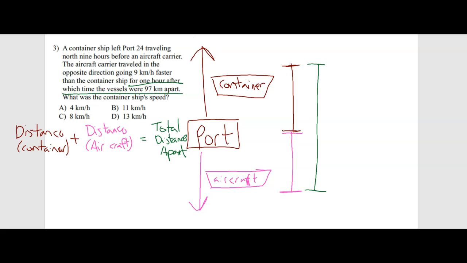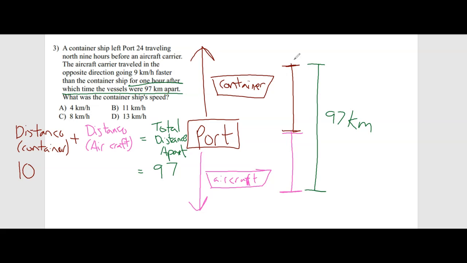So this means that the container ship is traveling for 10 hours total. So we're going to multiply 10 by whatever the speed is, because it's been traveling for 10 hours. I want us to understand the whole 10 hours part, though. So it has a 9-hour head start, and then 1 hour after the aircraft carrier leaves, the ships are 97 kilometers apart. So this total distance is 97, which means we can just add that in right now, equals 97. But we don't know the speed of the container ship, so we're going to save that for now.